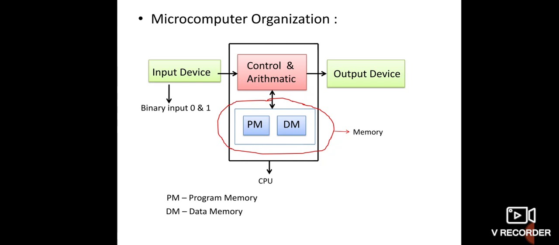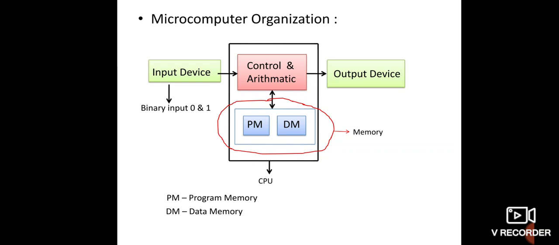So that is the heart of the system. Means in a computer system you can't do any functions without this microprocessor. So it is called the heart of the computer.